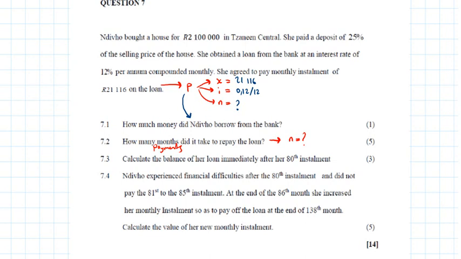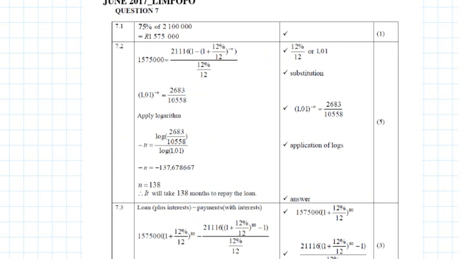Because it is a loan, we already said it is the P formula. Let's check the memorandum, how it is made. As you see, the first question, you find 75% of the original amount. So the deposit is paid and the remaining part is the loan, and the amount of the loan is 101,575,000 rand. So you substitute correctly.